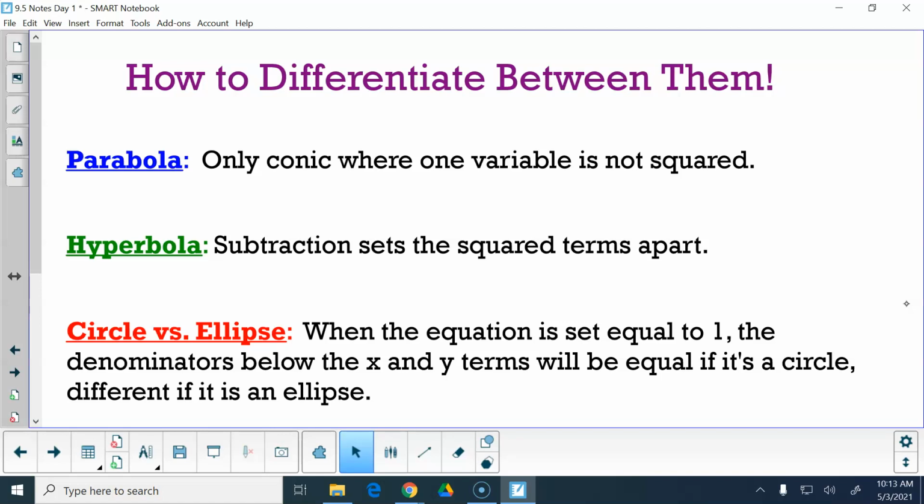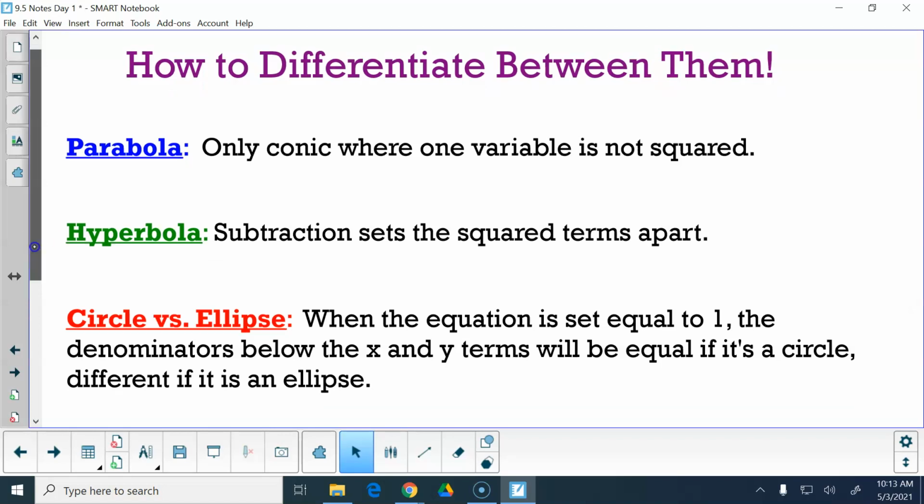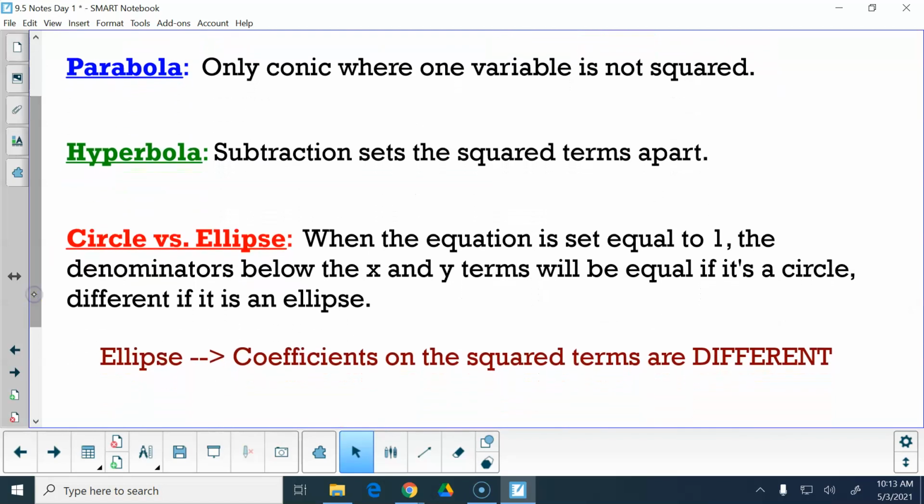If they're different, it's an ellipse. Another way of saying the very same thing: an ellipse has different coefficients on the squared terms, and a circle will have identical coefficients on the squared terms.